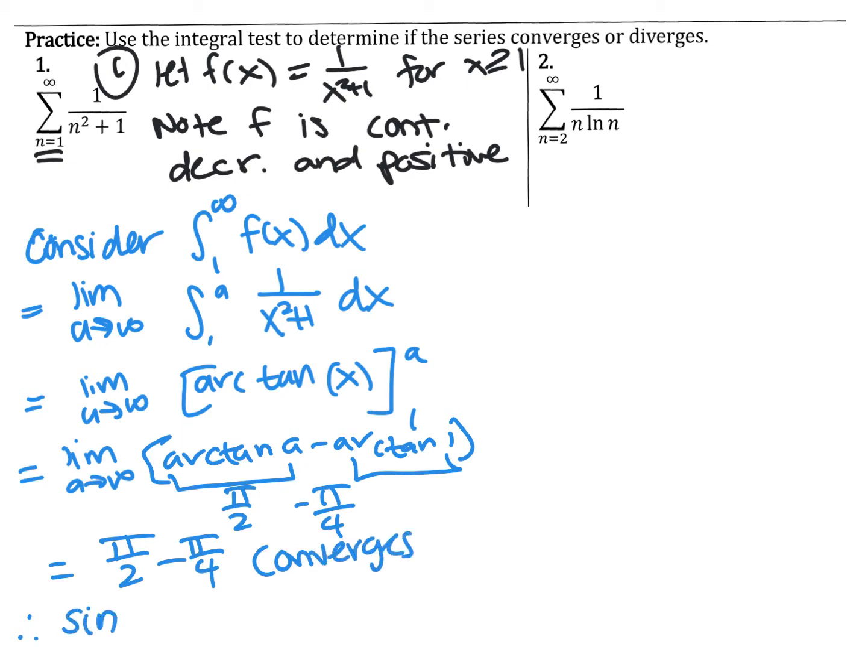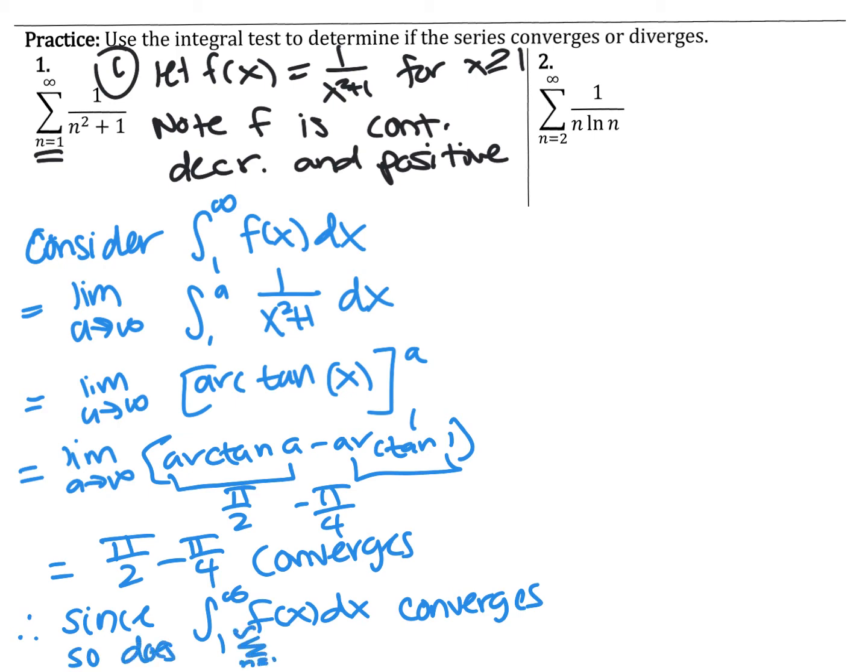Therefore, since the integral from 1 to infinity of f of x dx converges, so does the series from n equals 1 to infinity of 1 over n squared plus 1 by the integral test.